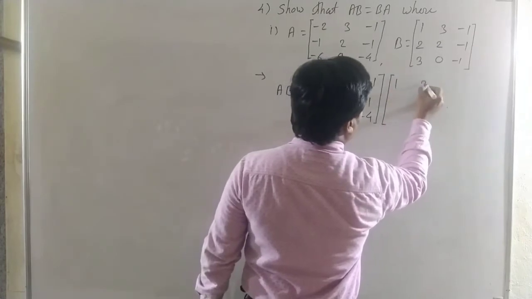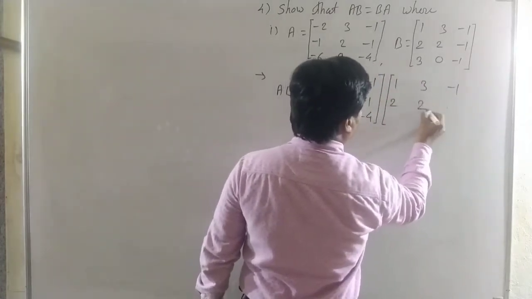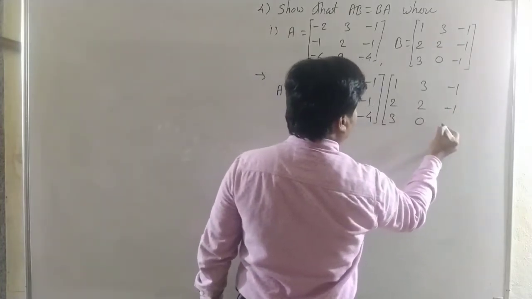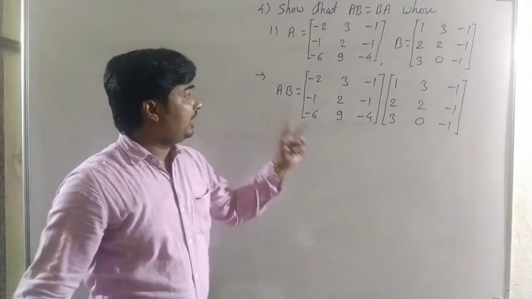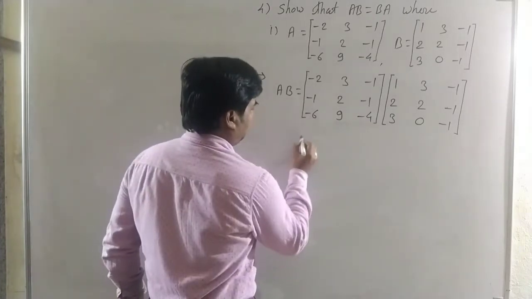And 1, 3, minus 1, 2, 2, minus 1, 3, 0 and it is minus 1. Okay, now we multiply A into B.